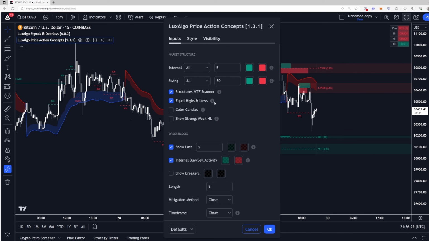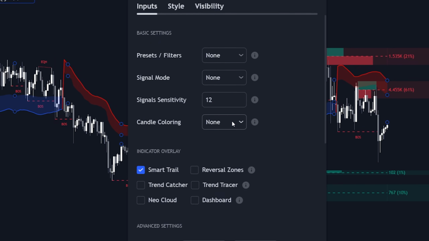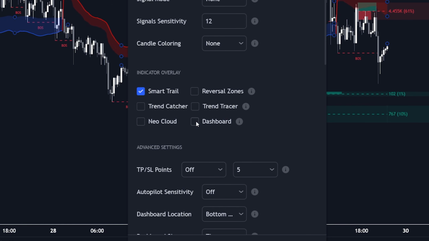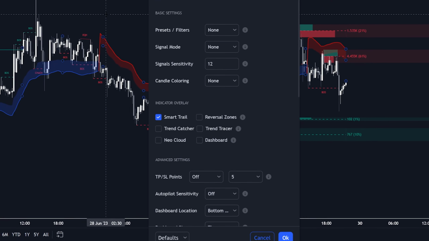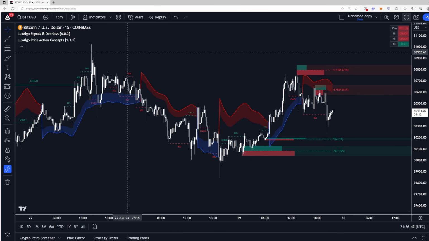So what we've done is we turned off the signals mode, we turned off the candle coloring mode, we've turned off the dashboard, and we've just kept the smart trail enabled right here. So we're just going to be utilizing one feature from the signals and overlays indicator, and then in the price action concepts indicator, we are going to customize this slightly.